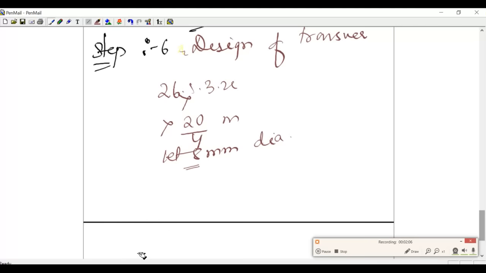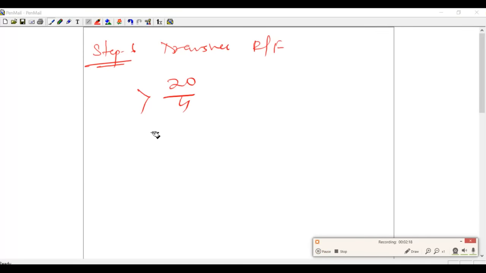So the spacing for that should be the least lateral dimension. The first condition for spacing is least lateral dimension. So we have provided 8 mm dia, and that spacing should be lesser than the least lateral dimension, which in our case is 400 mm.